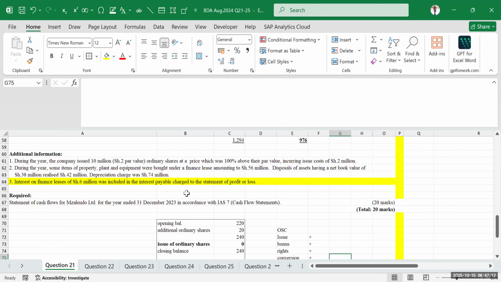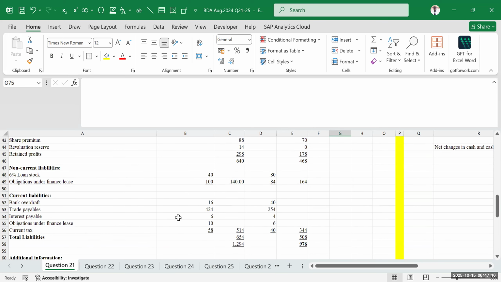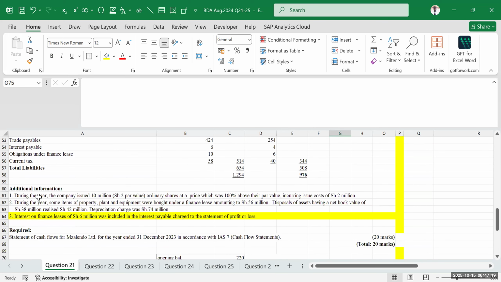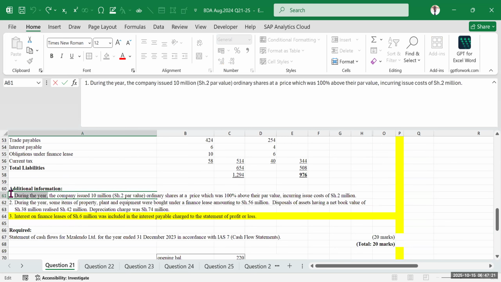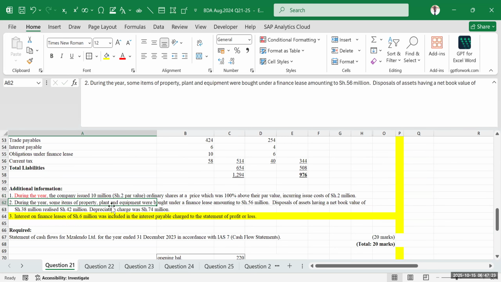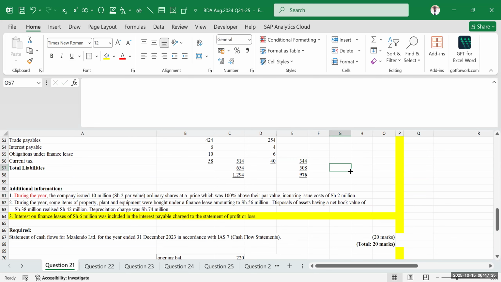Given the language the examiner used in this question, and given what we can all see, remember, we were told during the year. I want you to see this, the way the statement started, and I want to highlight that statement because it is important.